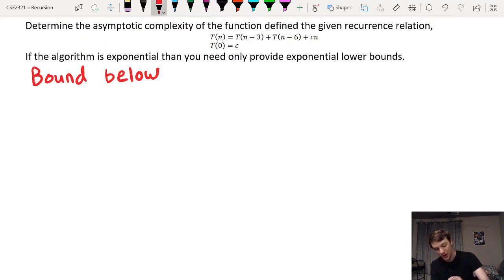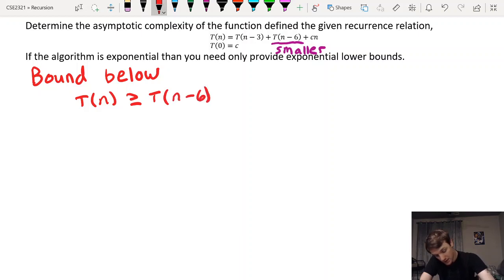To bound this below, we identify which of the two recursive calls is the smaller one. Subtracting more means that we make it smaller. So the smaller of the two recursive calls here is T(n-6). So when bounding it below, we have that T(n) is greater than or equal to T(n-6) plus T(n-6) plus Cn.